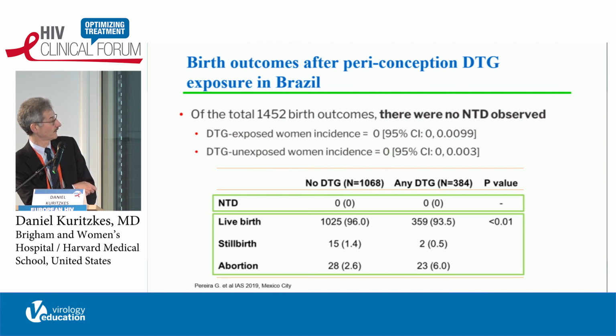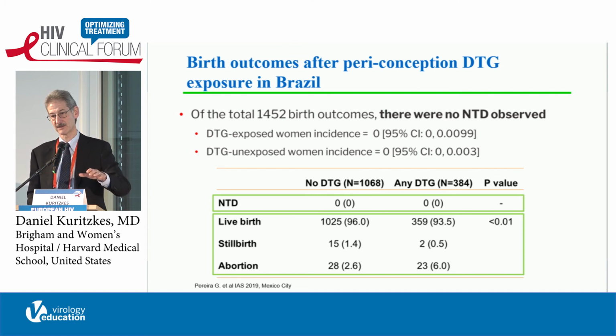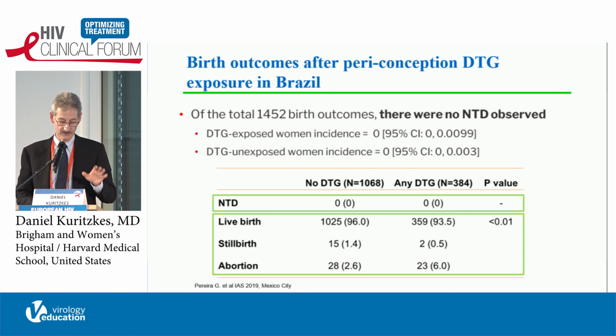And so that's out of, you can see for any dolutegravir, about 360 exposed women compared to 1,000 in the control group. Now, one big difference between Brazil and Botswana is that even though apparently the wheat that is imported into Botswana from South Africa is supplemented with folate, there isn't additional folate supplementation given to pregnant women, whereas it is routine in Brazil to supplement pregnant women with folate.